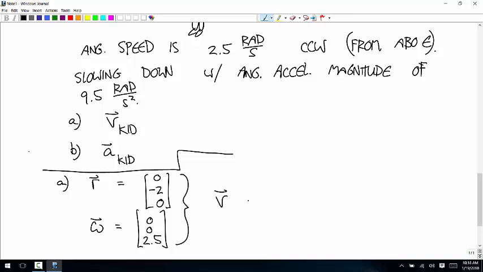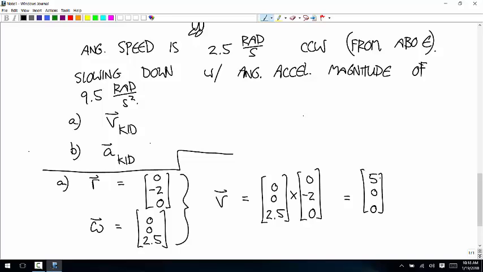And so the velocity vector is 0, 0, 2.5 crossed with 0, -2, 0. And so that is positive 5, 0, 0 meters per second.